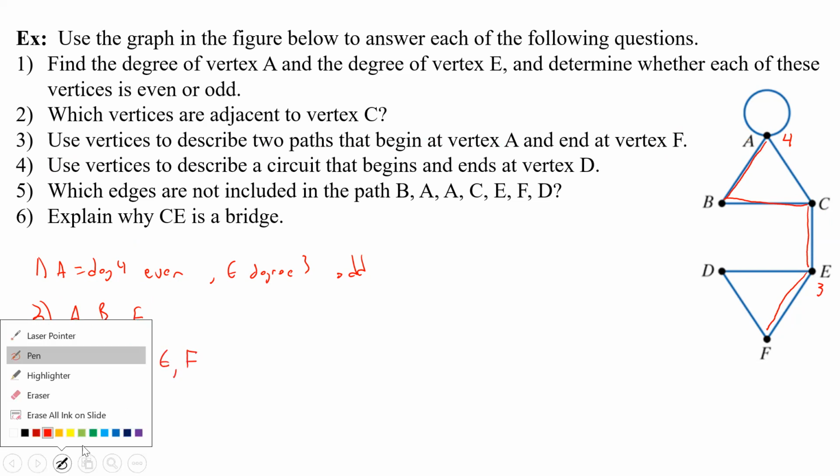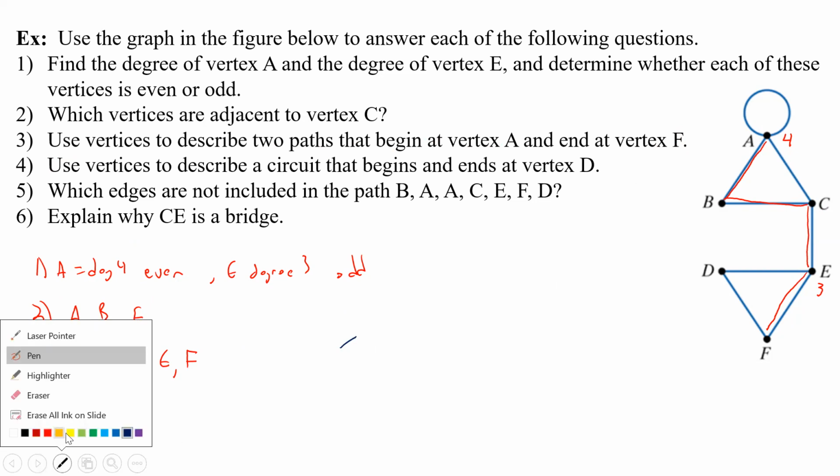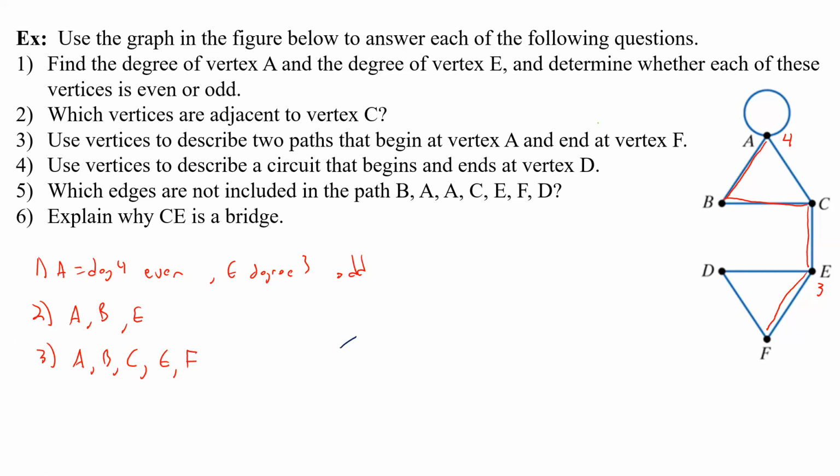Now let's change colors. Let's do a brighter color, maybe green. All right, so another way we could do it, let's start at A. We could go A to C, C to E, then E to D, and then D to F. So that would be a different one.